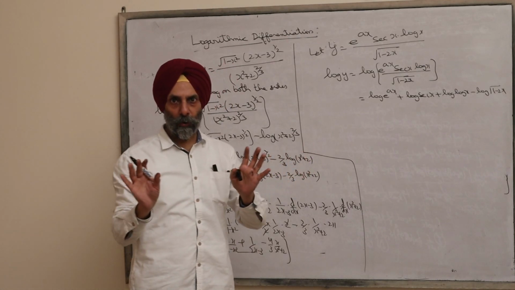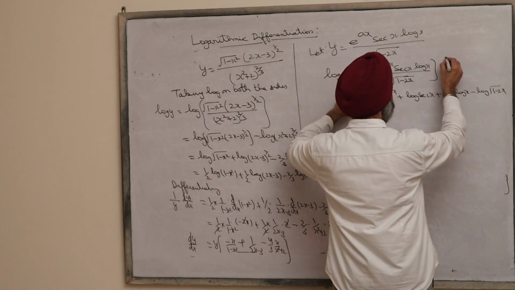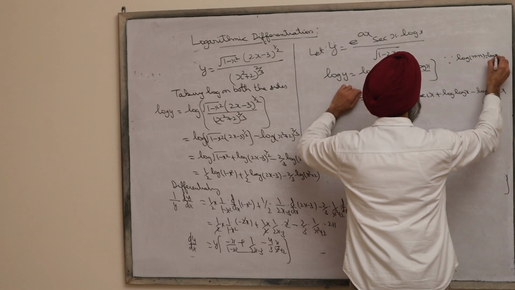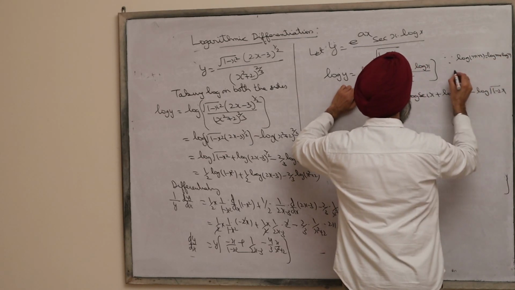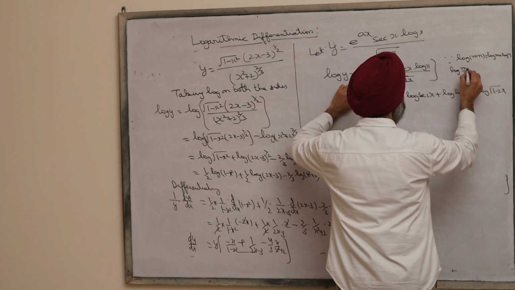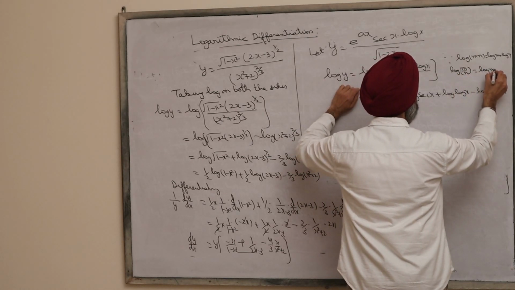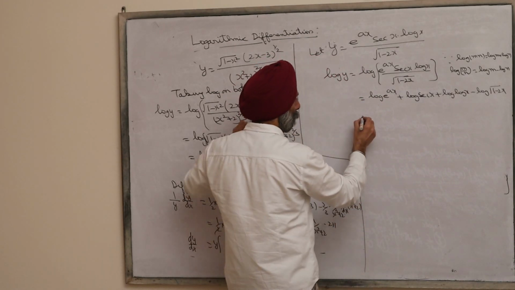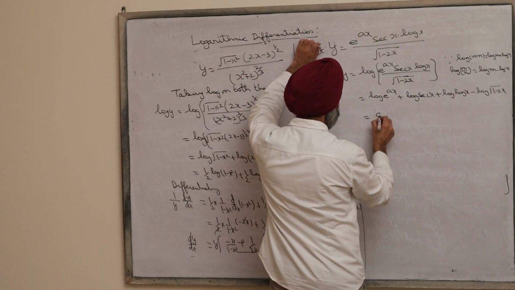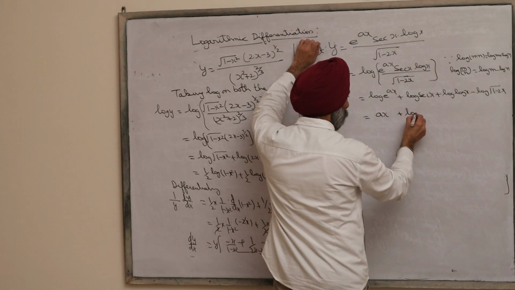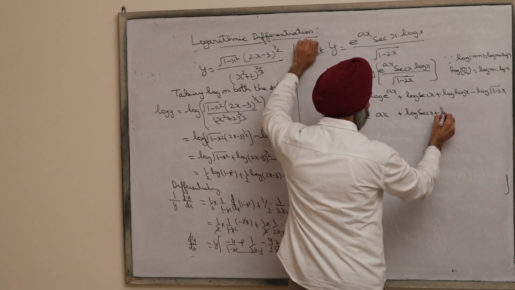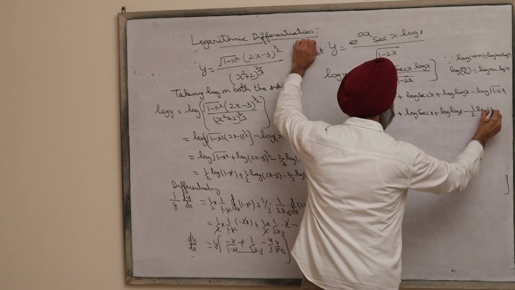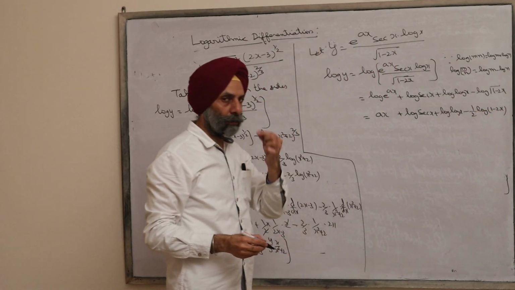I have used both the properties, that is, log of mn is log m plus log n and log of m by n is log m minus log n. So I've used both these properties. So can this be written as ax plus log of secant x plus log of log x minus half of log of 1 minus 2x.